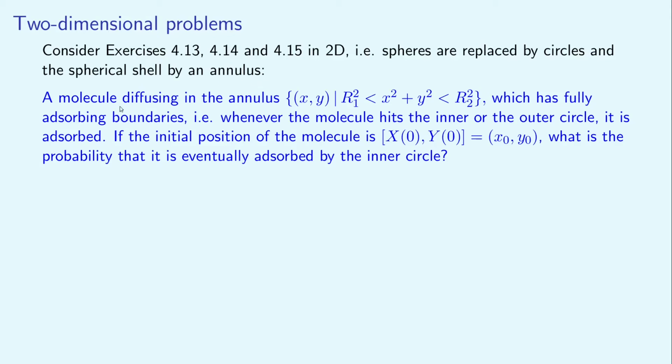A molecule is diffusing in the annulus with the inner circle of radius r1 and the outer circle of radius r2. Both circles are fully adsorbing. That is, whenever the molecule hits the inner or the outer circle, it is adsorbed. Given the initial position of the molecule, you are asked to find the probability that it is eventually adsorbed by the inner circle.